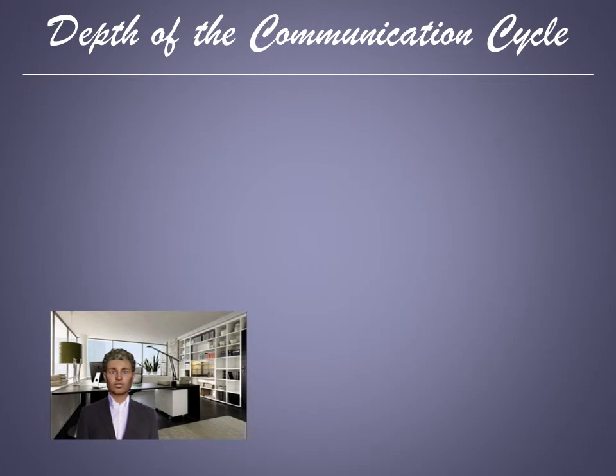A second important aspect of the communication cycle is the depth of the topic or purpose for the communications. Sometimes the topic is very small in scope, as in the case of this session, and does not have much emotional impact. Today, we are addressing the topic of communication between childcare professionals and the parents and/or guardians of the preschool-aged children in their care.